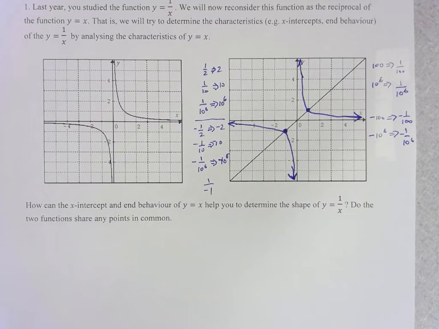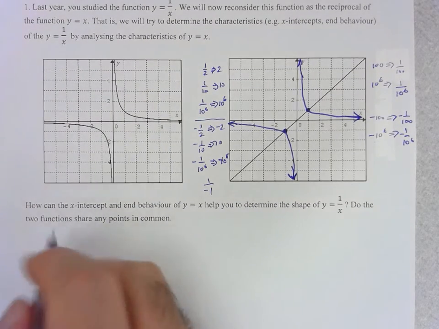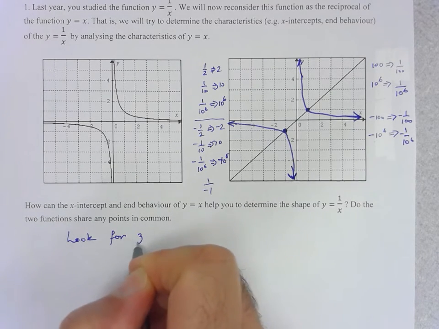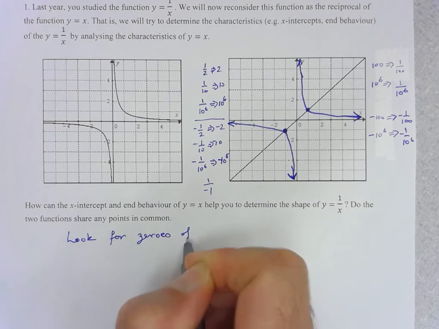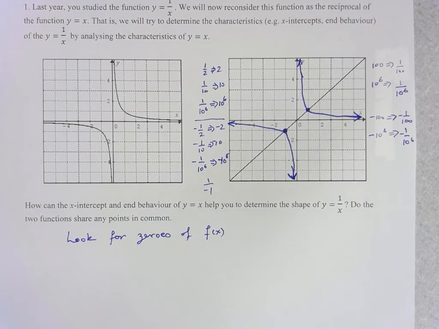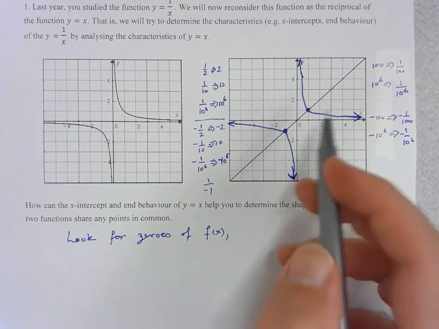Okay, so let's try to make a list of things that we look for. Okay, you're going to look for zeros of your original function f at x, and then what did we do?